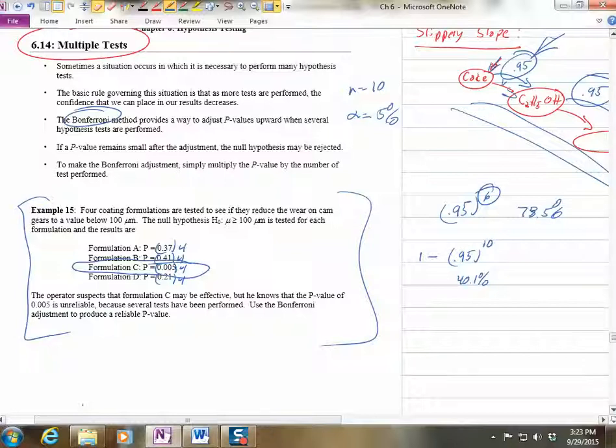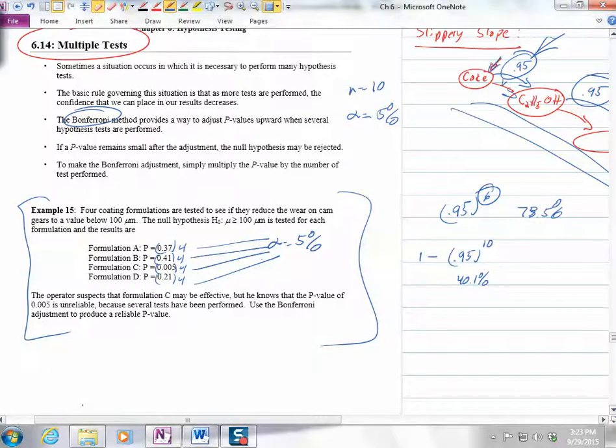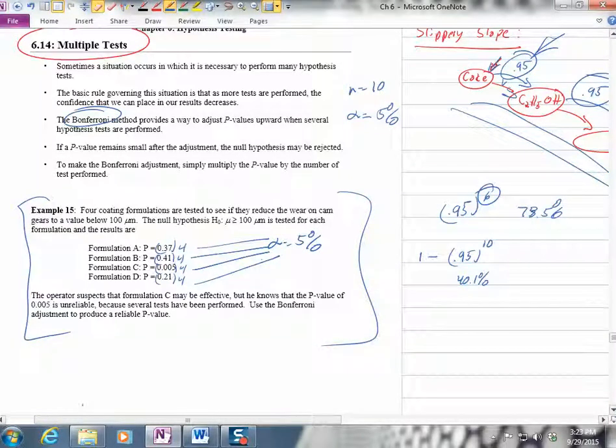You multiply each by 4, and then if alpha is 5%, you compare them to your hurdle value. So if this was 0.02 and you didn't have the multiple testing problem, you'd say, oh, that was significant. Formulation A is really doing something. It had a low p-value. We reject the null hypothesis.